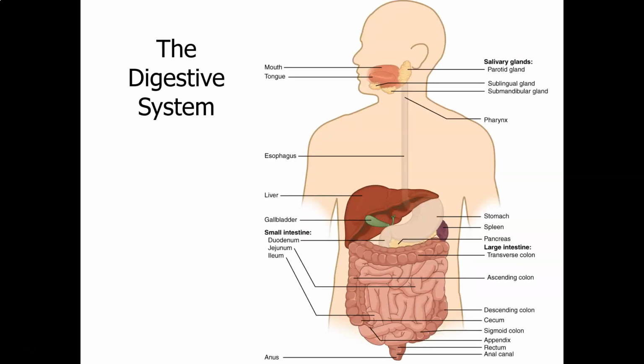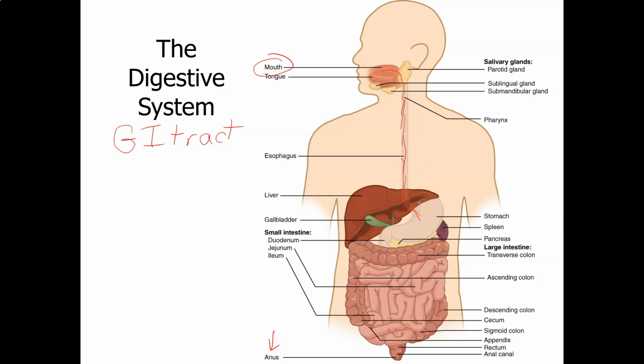Now, the digestive system begins with the mouth and ends with the anus. We call that tube from the mouth to the anus the GI tract, or gastrointestinal tract. So you're going to eat something, it's going to go into your mouth, you're going to chew it up, you're going to swallow it, it's going to go into your pharynx first and then into your esophagus. And you can see the esophagus runs behind the liver to the stomach.